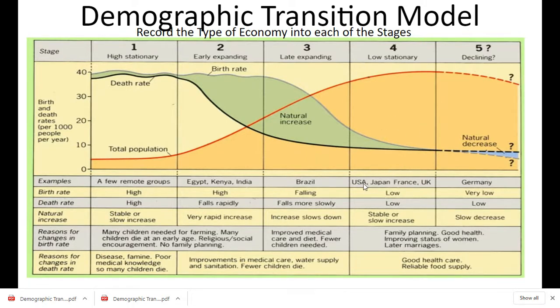Examples of stage 4, I would write down the US, France and the UK. I would not put Japan here. I think Japan, I would actually put in a stage 5. So what is a stage 5? Stage 5, we haven't really seen this play out yet, but notice how people aren't having babies anymore. They don't want to have babies. Either babies are too expensive or they'd rather work.